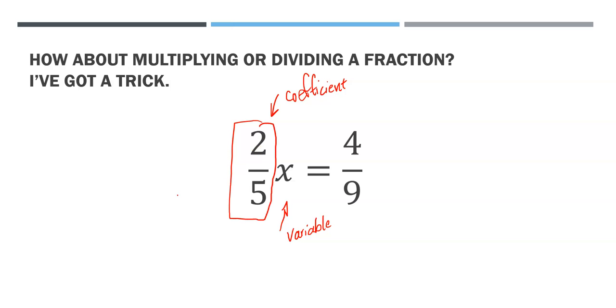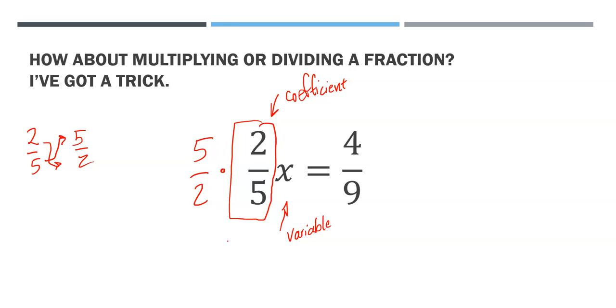We could divide by it, of course, but the easier way is to find the inverse. So I ask myself, well, what's the inverse of 2/5? I flip it over, and I get 5/2. I'm going to multiply the left-hand side by 5/2 to reach my goal.